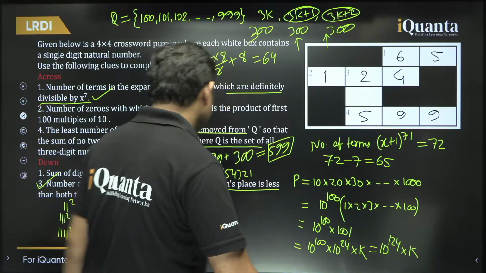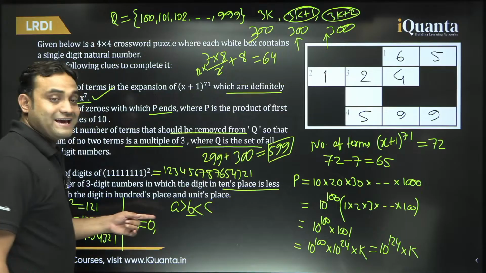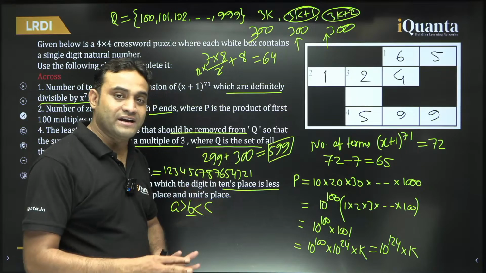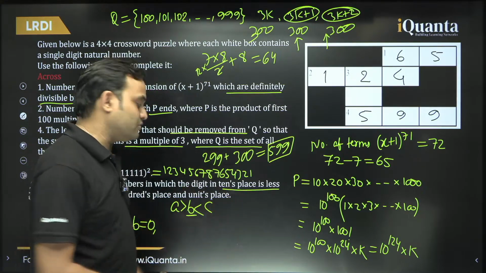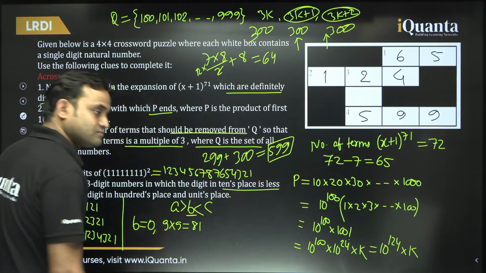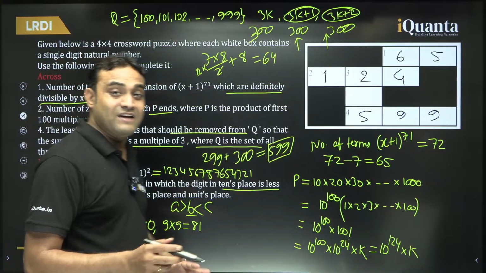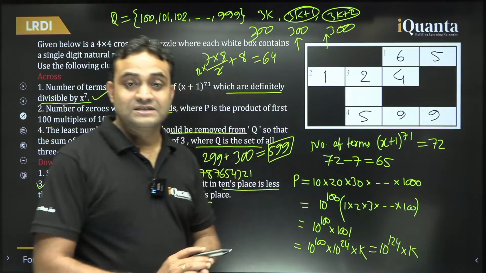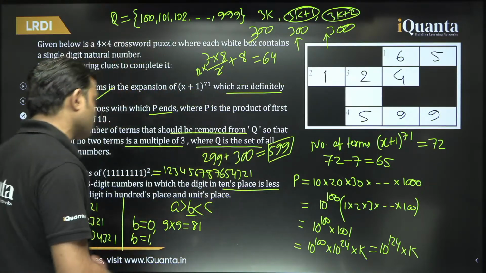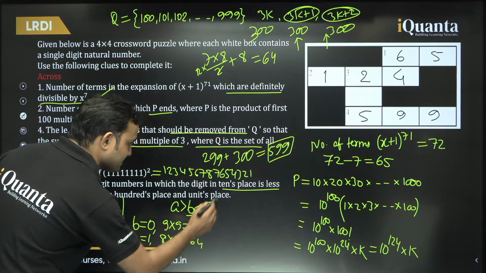If I put B equal to 0, then A can be any value from 1 to 9, C also can be any value from 1 to 9, it will be 9 into 9, 81 values. If I take B equal to 1, then A can take any value from 2 to 9, C also any value from 2 to 9, that will become 8 into 8, 64 possibilities.